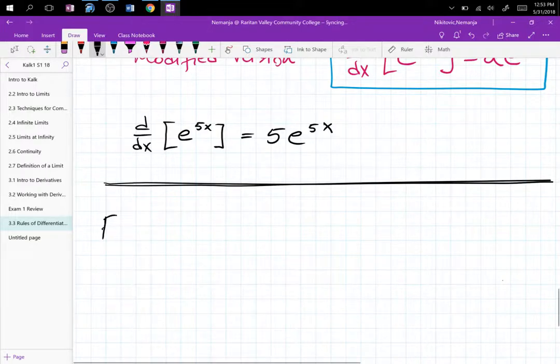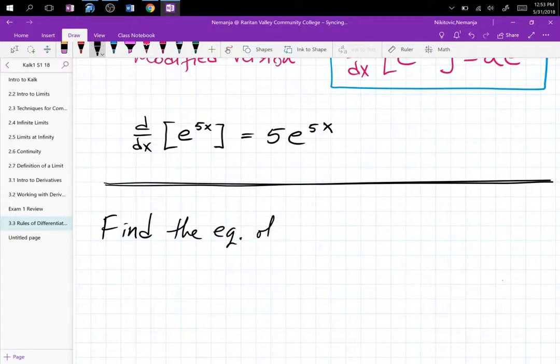So let's do one of those now. We will be working on one of these every single class because it fits. As long as Chapter 3 is on, this problem will be on the board at least once a day.